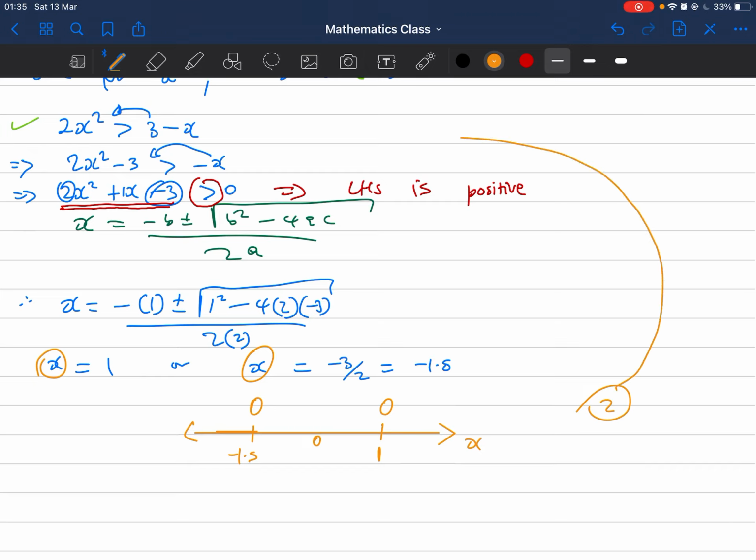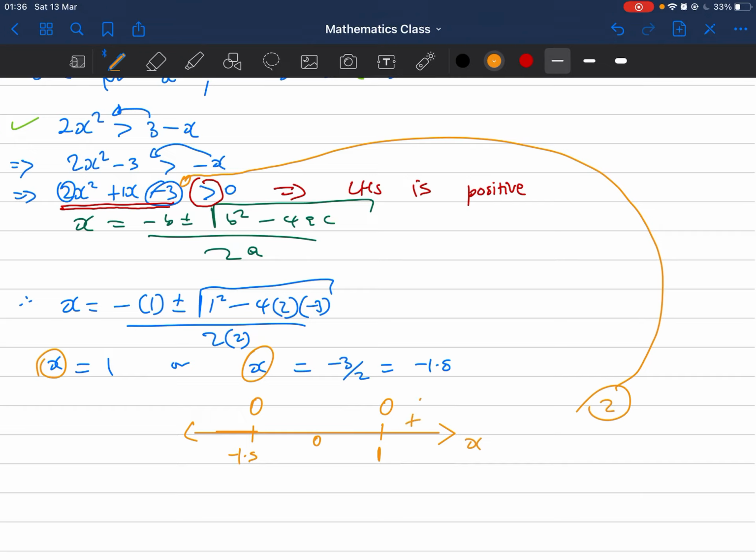Substitute it back here: where there's x, put 2. So 2 times 2 squared plus 2 minus 3. We want to see if it gives us a negative or a positive answer. If you put the equal sign in your calculator, you'll see it gives you a positive answer.